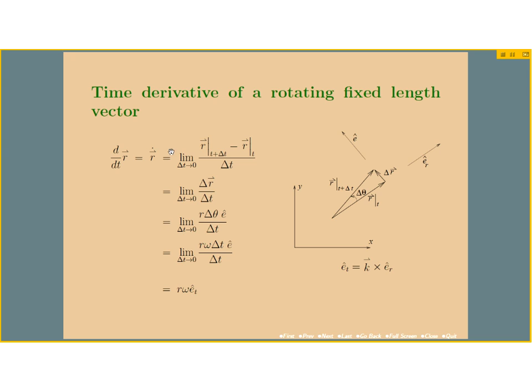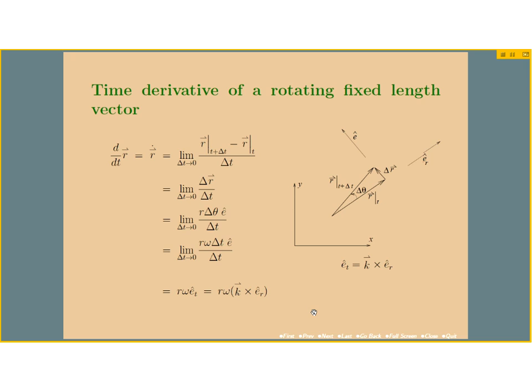So we've now shown that the time derivative of the vector r is simply of magnitude r omega and in the direction E sub t. If we bear in mind that E sub t is defined as k cross E sub r, and we substitute this into this equation, we have this.